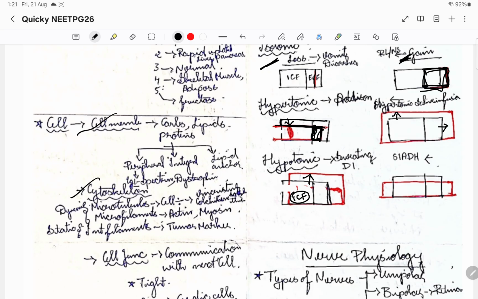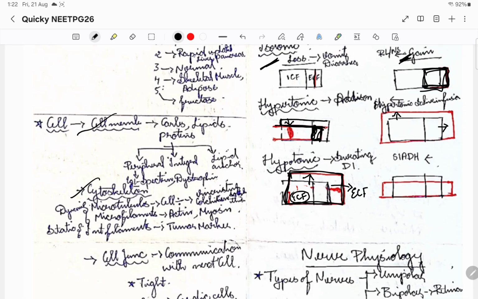Okay, whereas the volume loss has occurred in ICF, because, see, what happens is the hypotonic solution is being leaked out from the extracellular fluid. So from the ECF, the volume is getting leaked out.